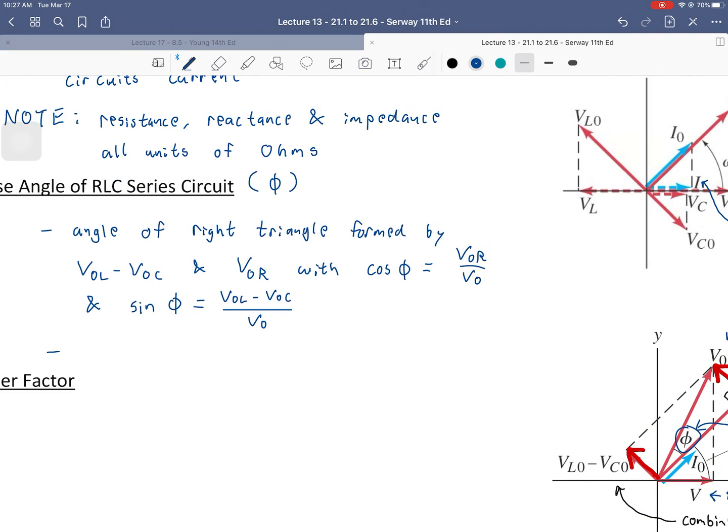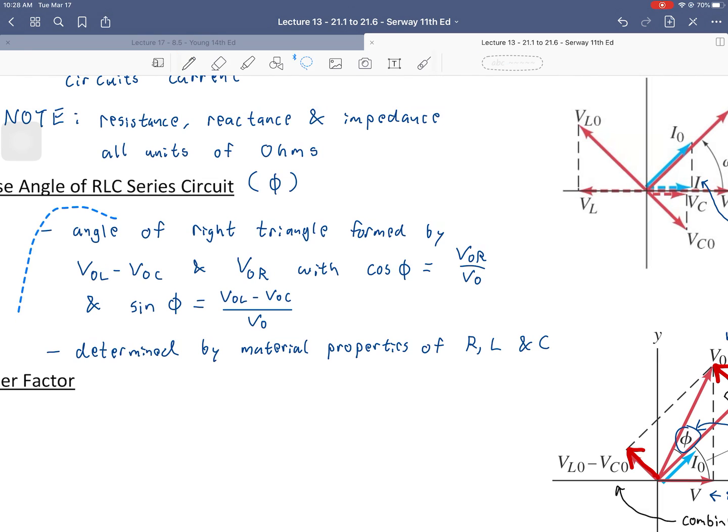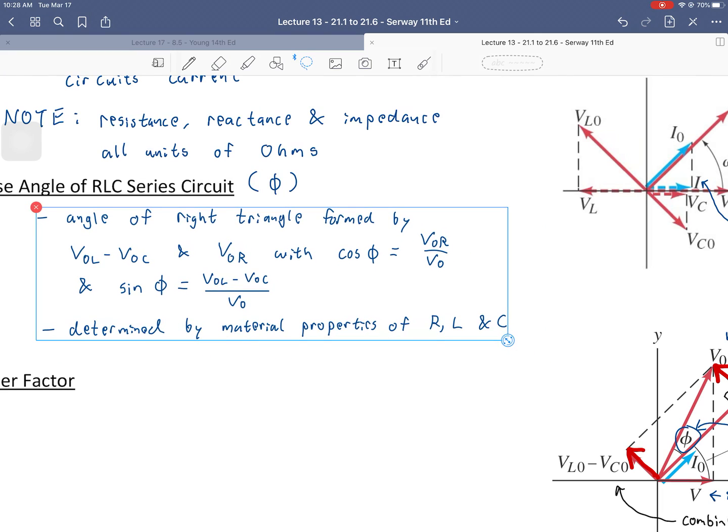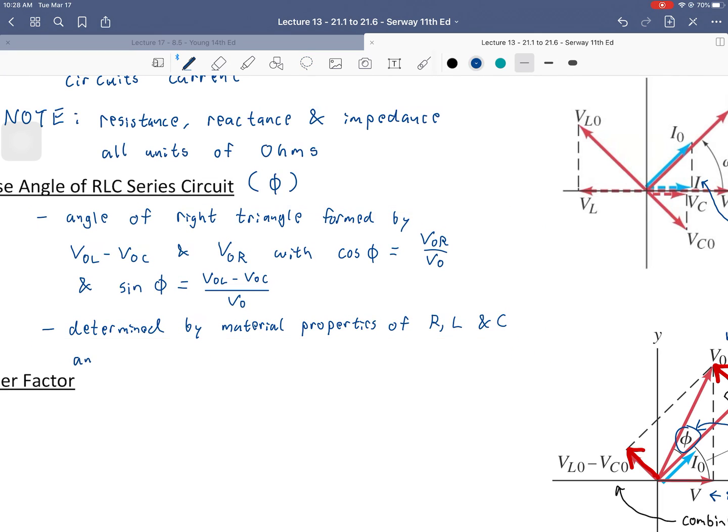So we'll say that it is determined, in other words how you would calculate it, by the material properties of R, L, and C, and the frequency of the AC current.